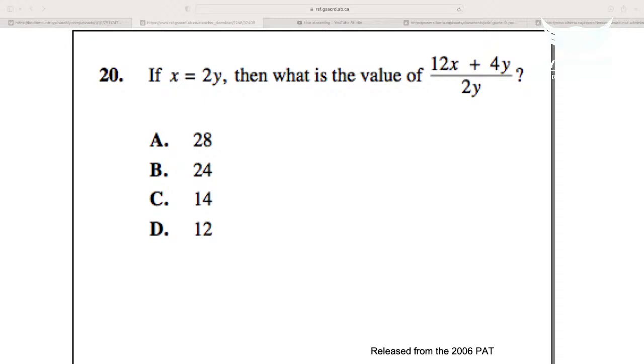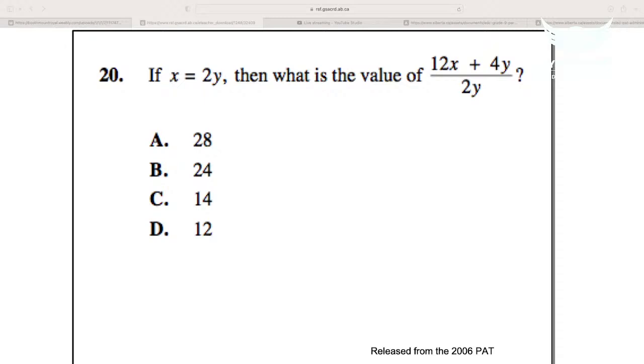We get 24y plus 4y over 2y, so it's 28y over 2y. So 28 over 2 is 14.